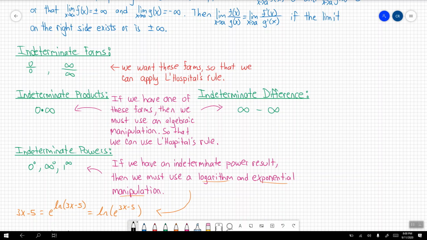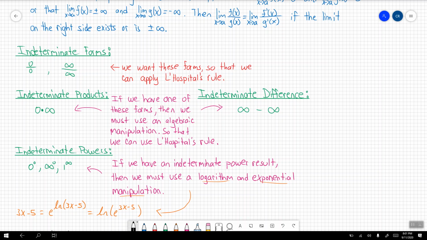On screen at the bottom, I am starting off with the expression 3x minus 5. If I apply the natural log and its inverse composed with one another, then I get that e to the power of natural log of my initial quantity, 3x minus 5, is still equal to 3x minus 5.